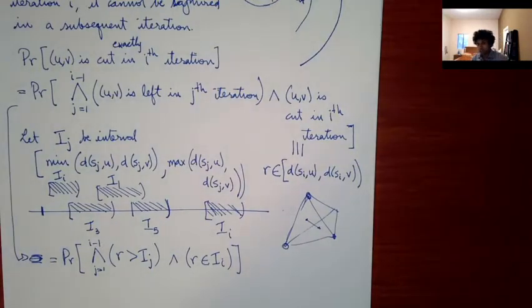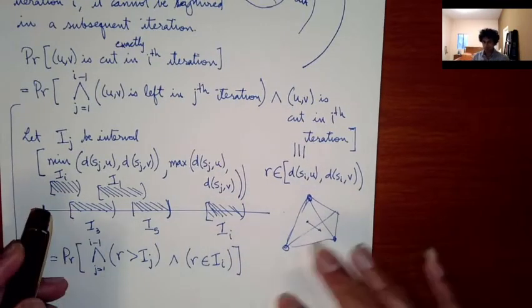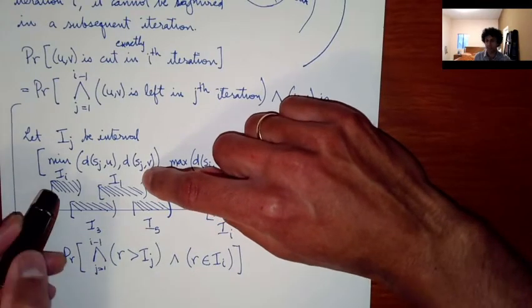Good. So you see that it implies certain constraints amongst these intervals. For this to happen, certain constraints need to hold. That's my point, right? So it depends on how these intervals are set up. It could be the case that this could never happen in this case, because if R is greater than I1, then it can never be inside this interval.